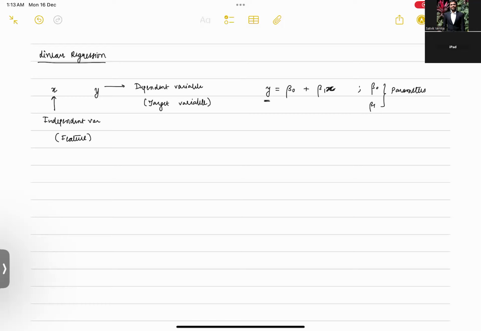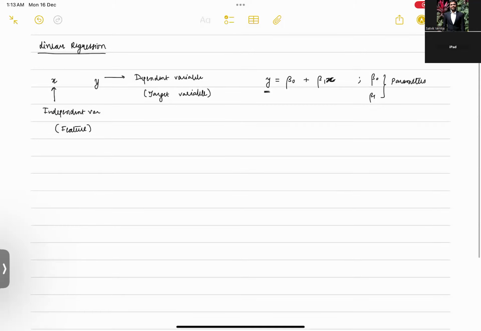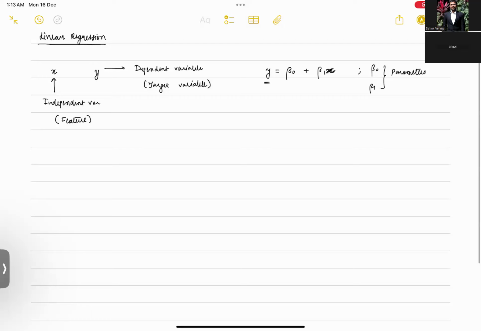We can also extend this to multiple features. So for example, if I have established a linear relationship between n such variables or n such features, we could say this can be written as this, right?